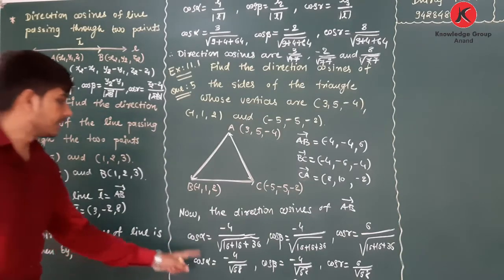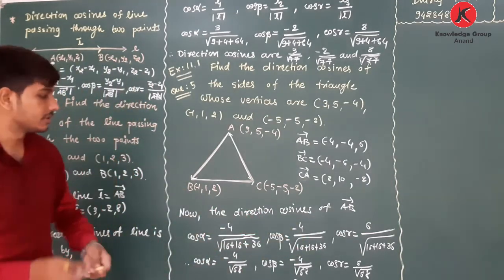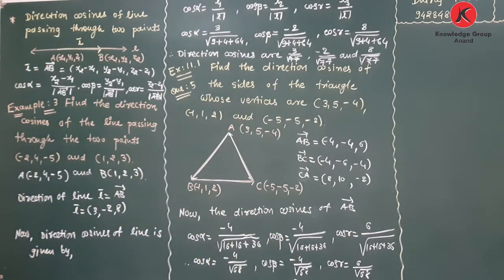Therefore the direction cosines of vector AB are minus 4 by root 68, minus 4 by root 68 and 6 by root 68.